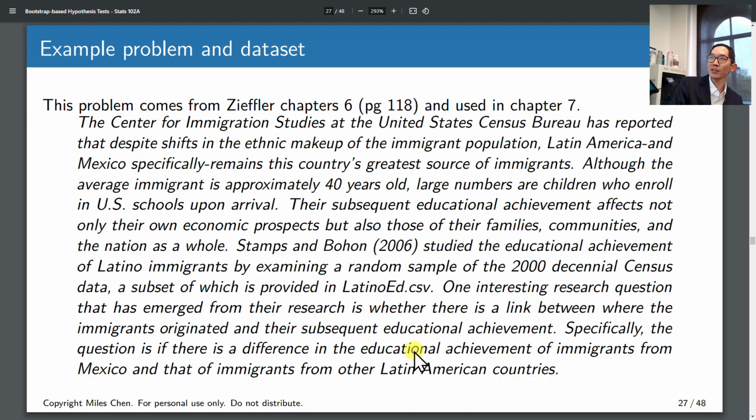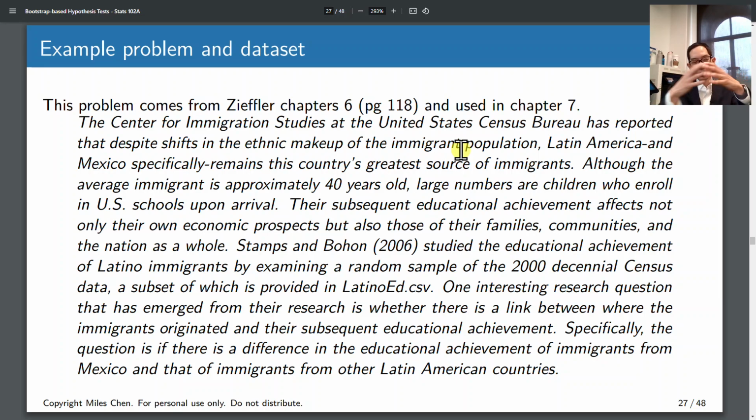This is an old study based on the 2000 census, and the study itself was done in 2006. It was run by the Center for Immigration Studies at the U.S. Census Bureau, okay? They were looking at the immigrant population coming from Latin America and also Mexico specifically.